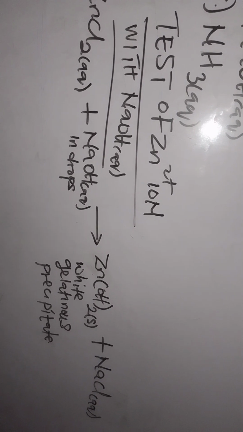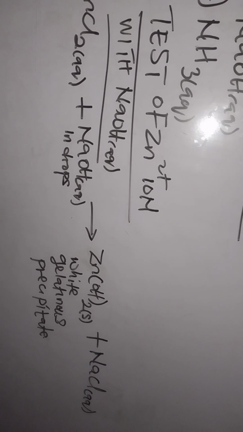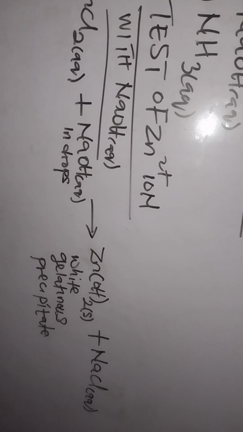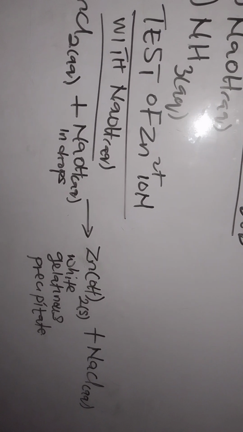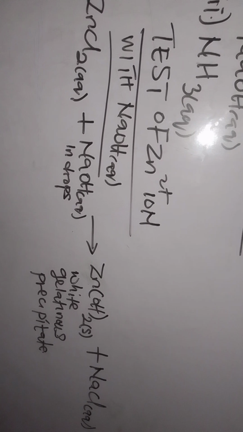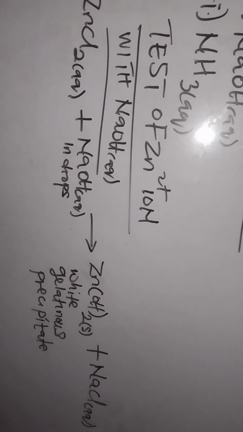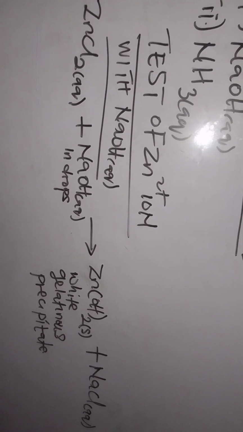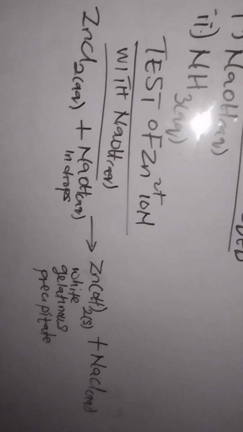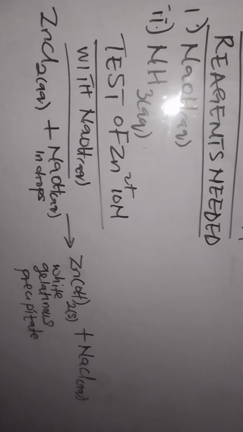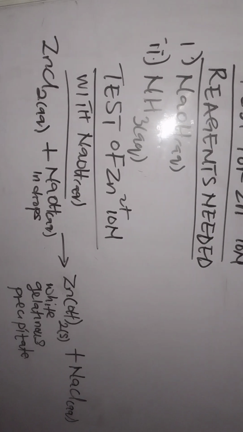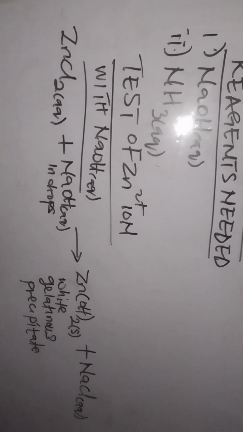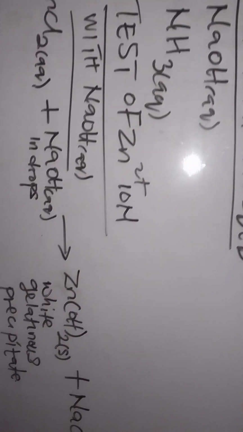Then you have ammonia. But there is something we call alkali. Alkalis are soluble hydroxide. The only soluble hydroxide we have are sodium hydroxide and potassium hydroxide. Every other hydroxide of metal, they are precipitate. They are insoluble. They form certain color of particles like zinc 2 hydroxide.